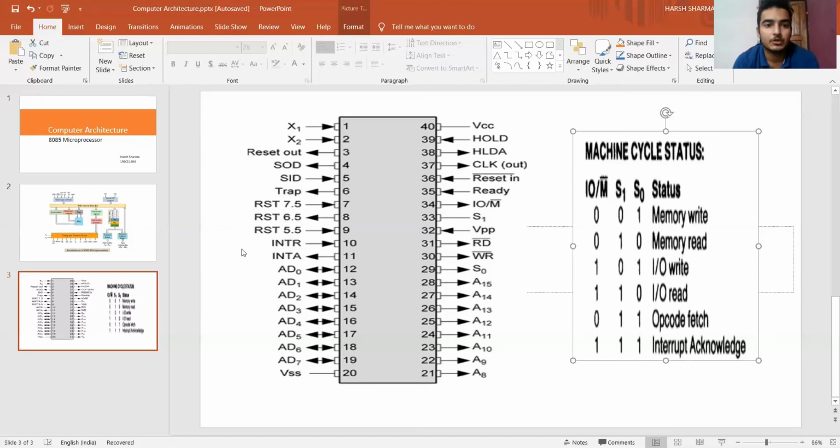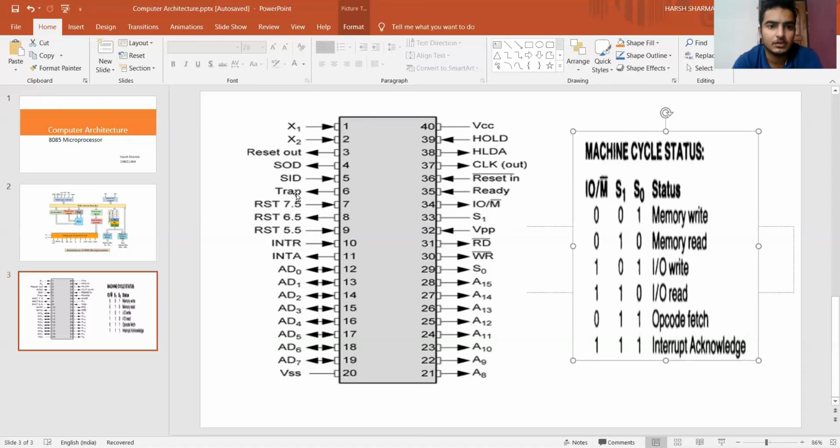For interrupt control, if we give them priority, then TRAP will have the highest priority, and the priority decreases in this order: first TRAP, then RST 7.5, RST 6.5, RST 5.5, and finally INTR will have the lowest priority.